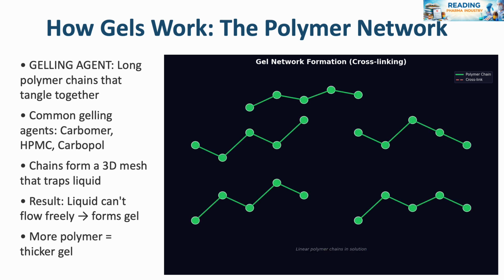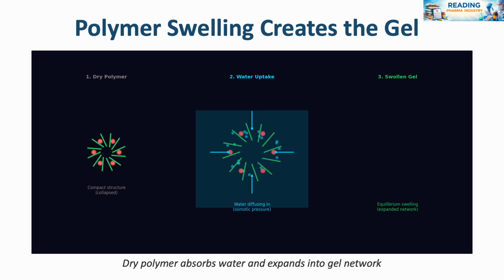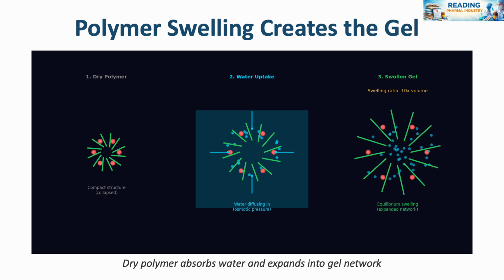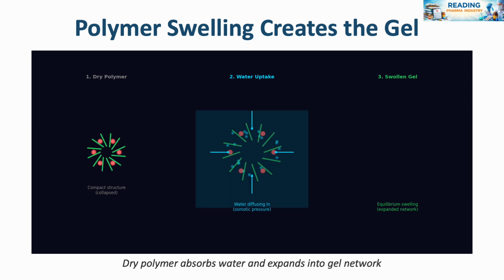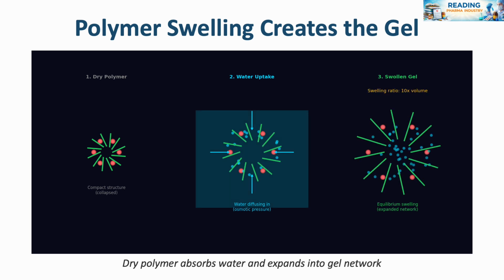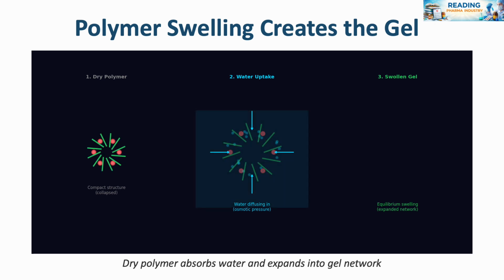In many cases, more of the polymer can lead to a thicker gel. This is another way to imagine what happens here. You have the dry powder, and then it is exposed to water molecules. The water molecules penetrate through the chains of the polymer, and eventually that will lead to swelling of the polymer chain and expansion of the network.